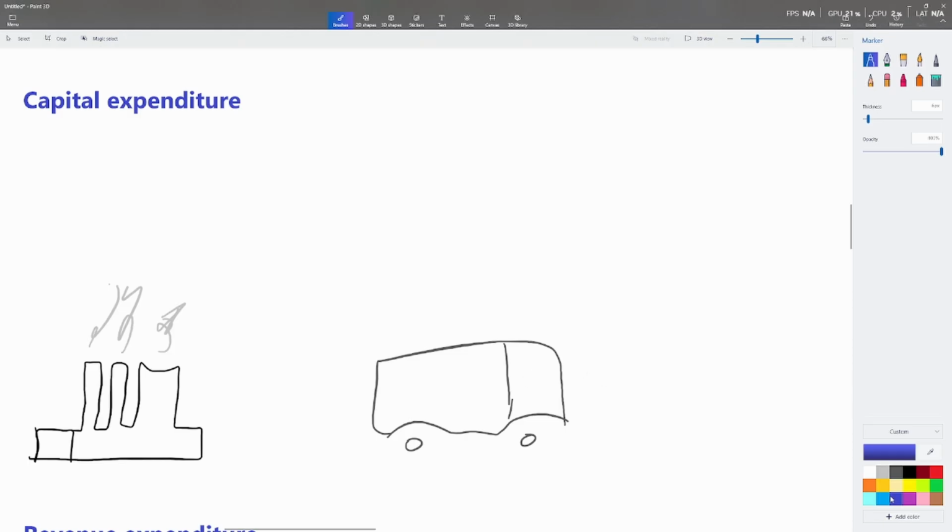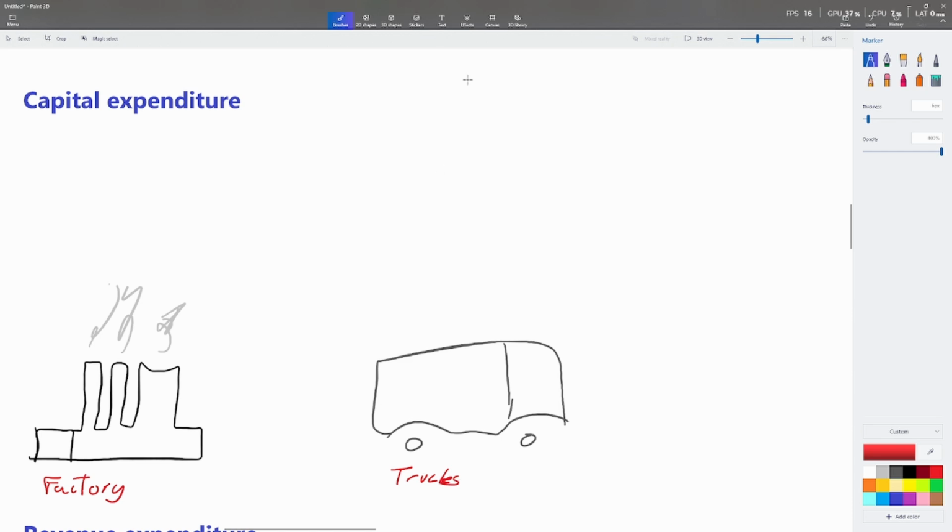If you don't know what a fixed asset is, it's something that a business has that they use. Examples of capital expenditure could be factories, for example, which they invest in and cost a lot, and also trucks, maybe.